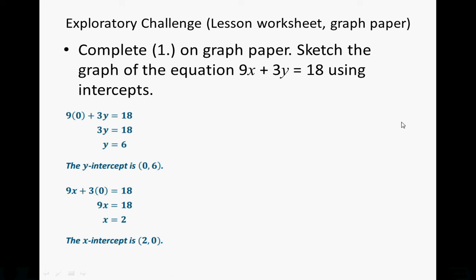Alright, so if you figure out the intercepts, remember that to figure out the y-intercept, we would replace x with 0, and you would get y equals 6, and so your y-intercept is (0, 6). And then when you plug in 0 for y, you would get x equals 2, so the x-intercept is (2, 0).